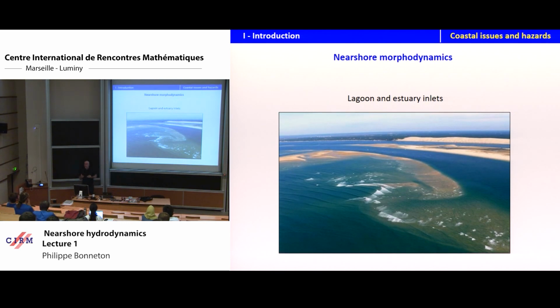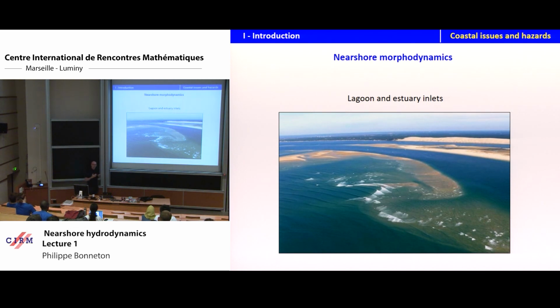Waves also play a significant role for nearshore morphodynamics. For instance, in this figure, you can see an inlet. There is a lagoon, and the open sea is here. You can see the navigation channels and sandbars.